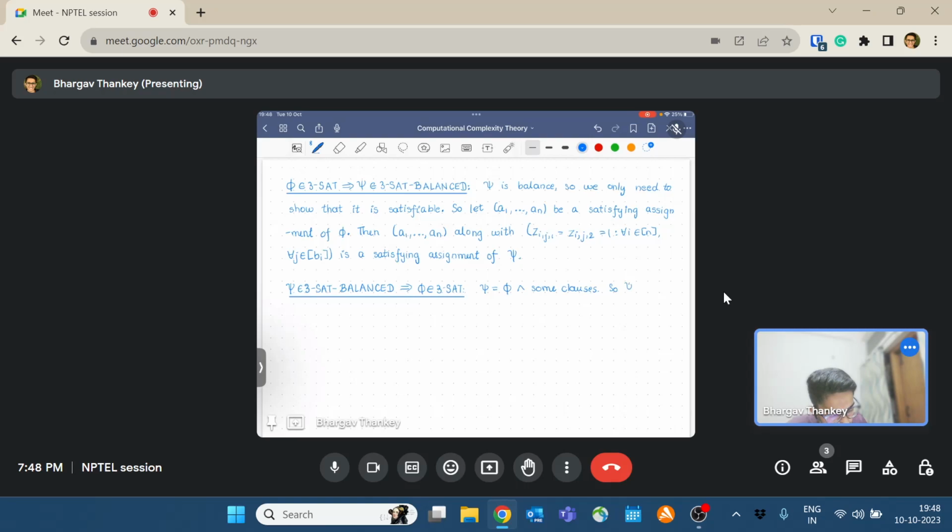So if phi were not satisfiable, psi would also not be satisfiable.